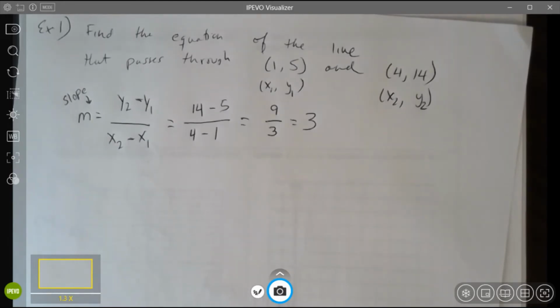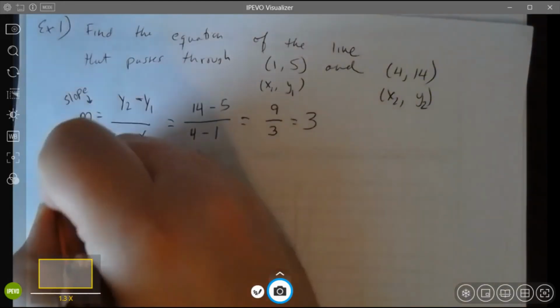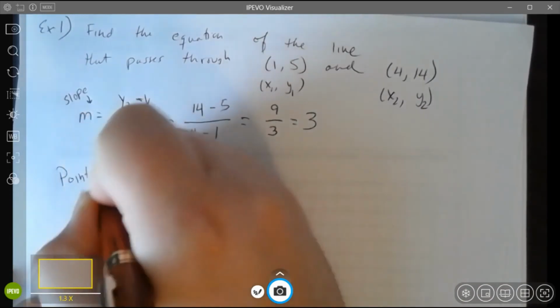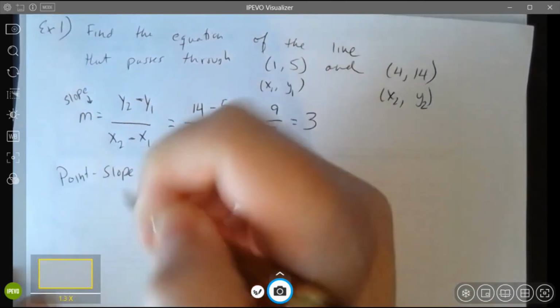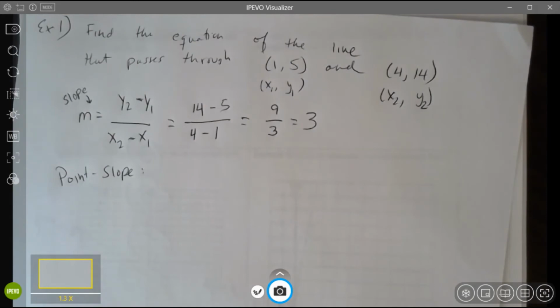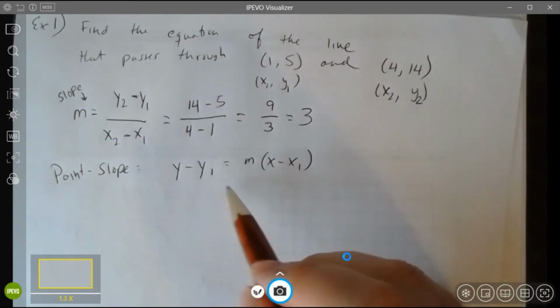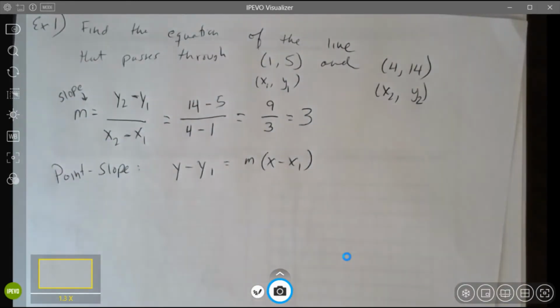Next, we're going to use point slope form. So remember point slope from your vocab. y minus y1 equals m times x minus x1. So next, we're going to plug in. We're going to pick one of the 2 points. It doesn't matter which point.